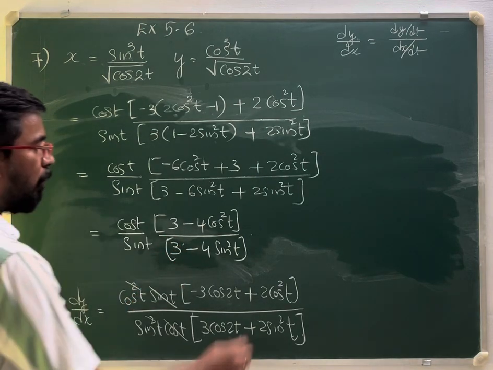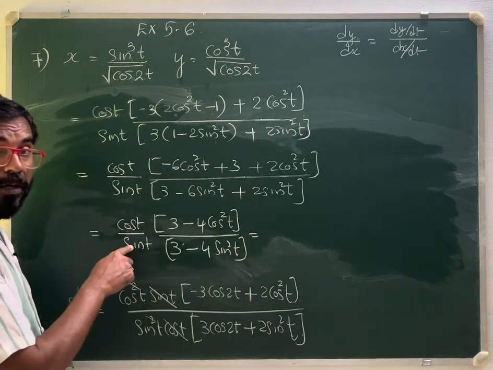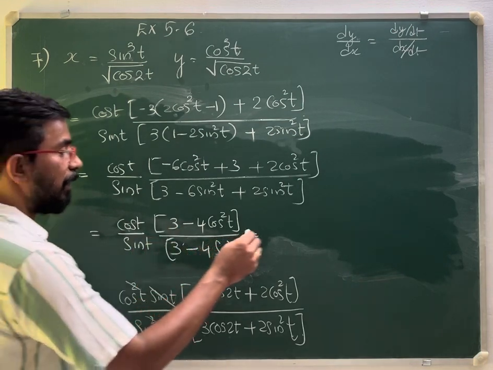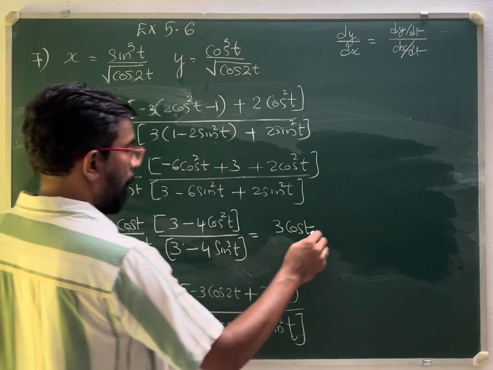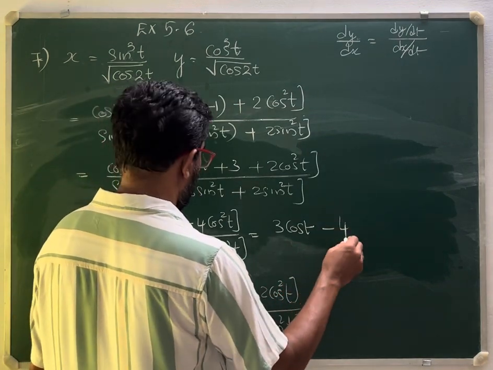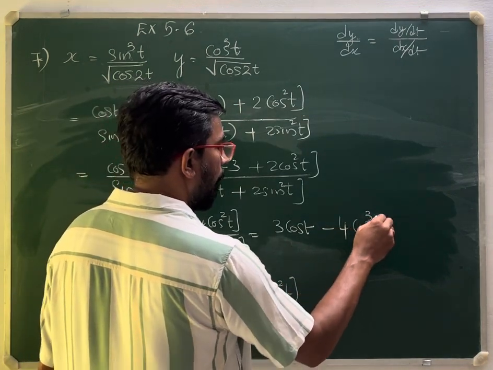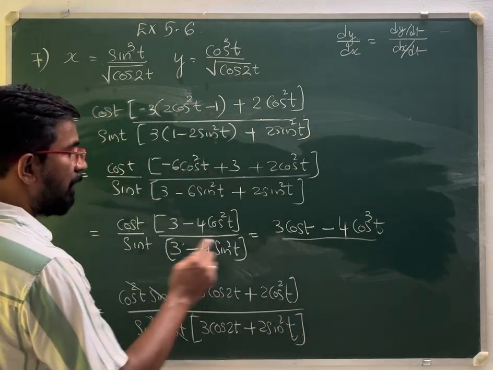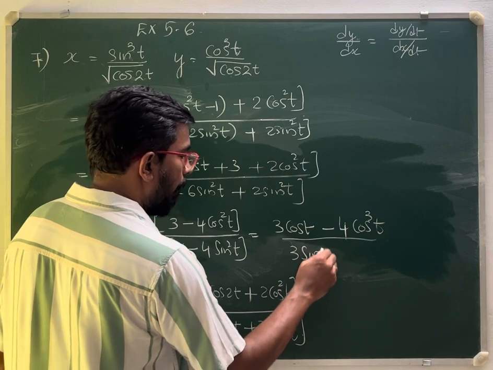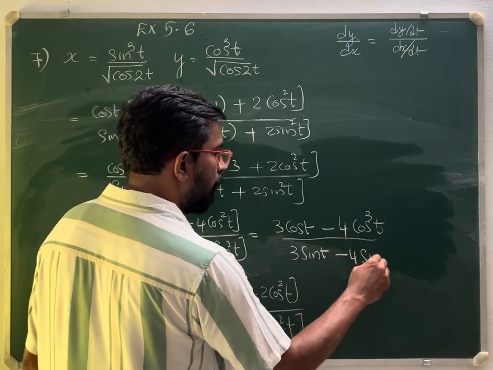Okay, now what I do is, I didn't write this as cot t. The reason is I want to multiply this inside. When I multiply, I will get 3 cos t minus 4 cos cube t, divided by 3 sin t minus 4 sin cube t.